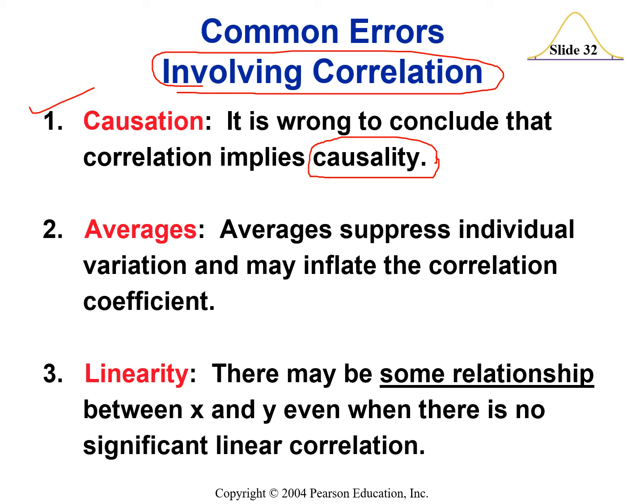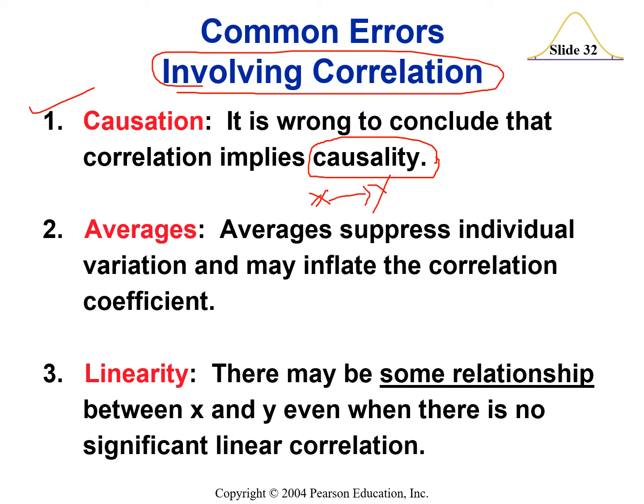In other words, if there is a significant correlation between X and Y, it is not correct to say X causes Y. The right way to explain the correlation is to say that there is a relationship, but it doesn't mean X is a cause of Y.